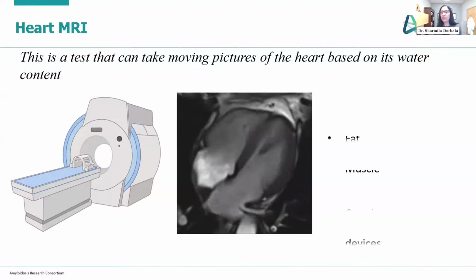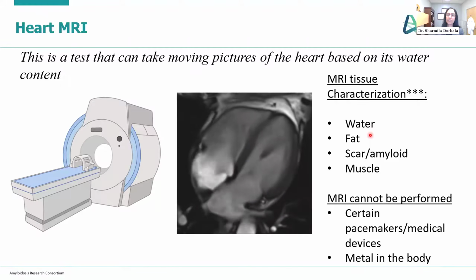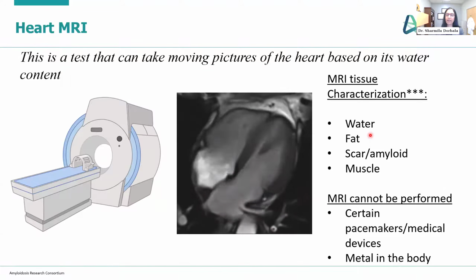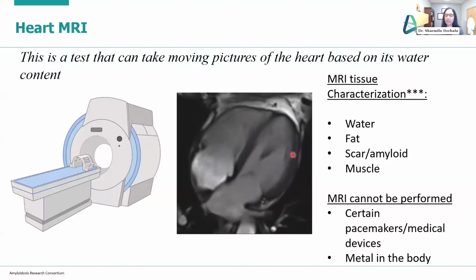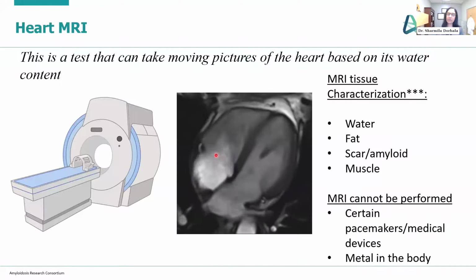In addition, you can see that MRI can characterize the tissue. What does it mean? It not only tells you the shape, function of the heart and the pumping function of the heart, the size of the chambers, but it tells you areas of the heart where there's increased water content or fat or fibrosis or scar content or amyloid content. And it tells you what is muscle.